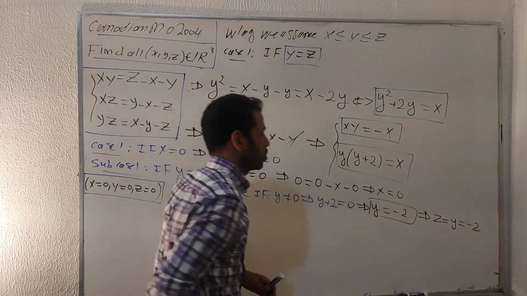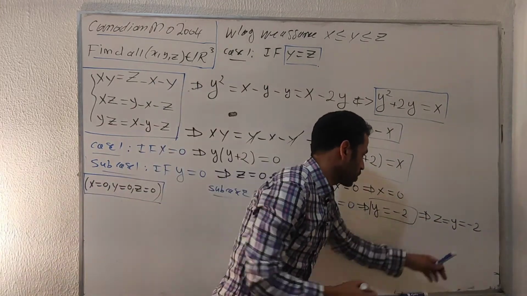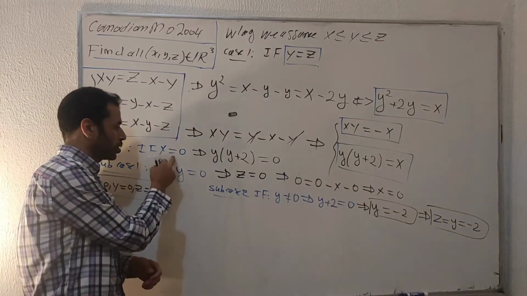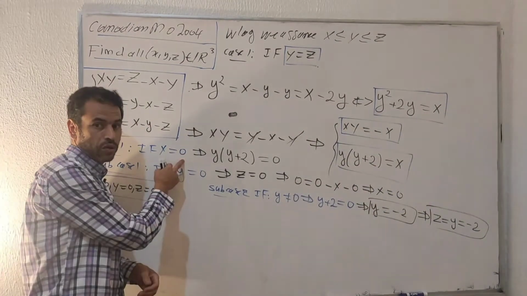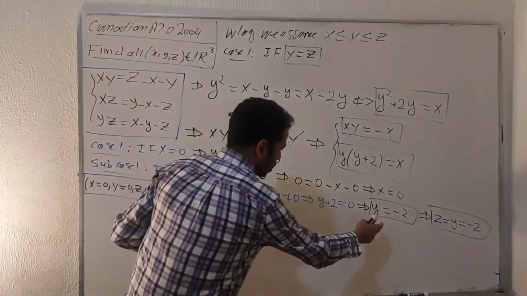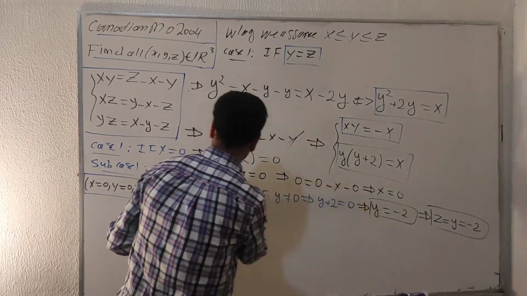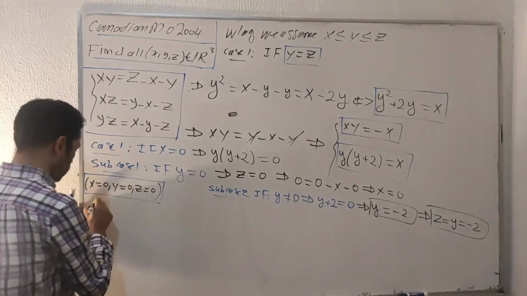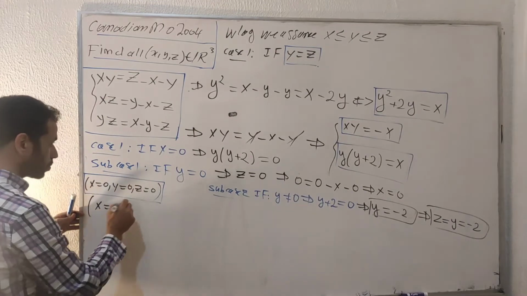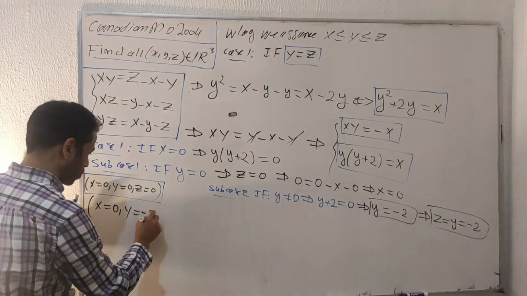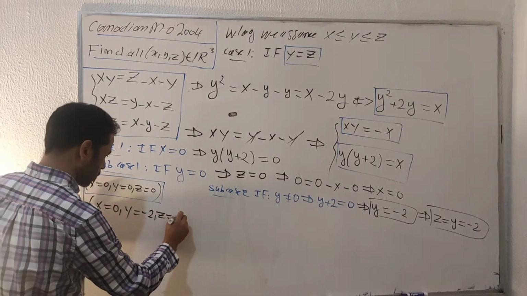Remember we are taking x equals 0 as the original case, which means x equals 0 is included in these two solutions. Let's take it as a solution: x equals 0, y equals minus 2, and z equals minus 2.